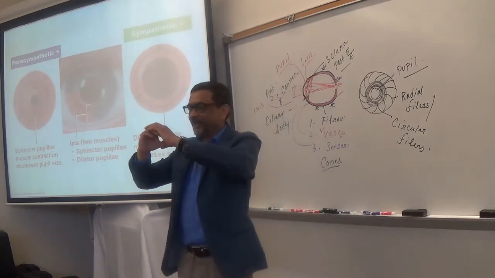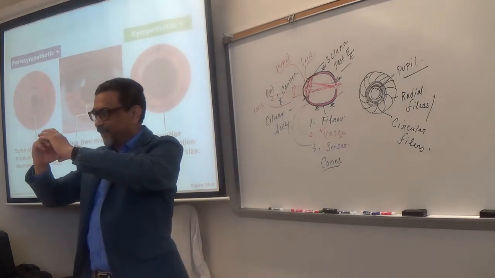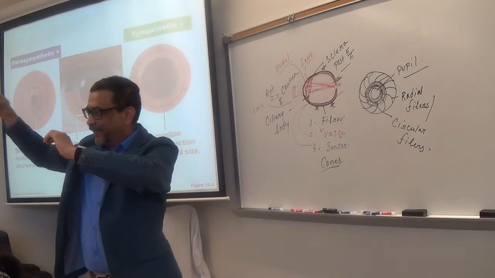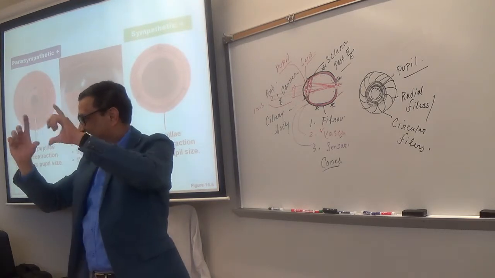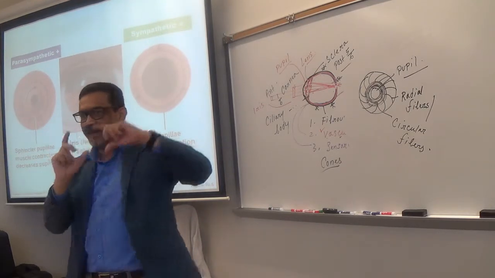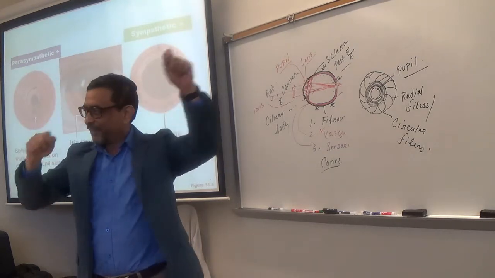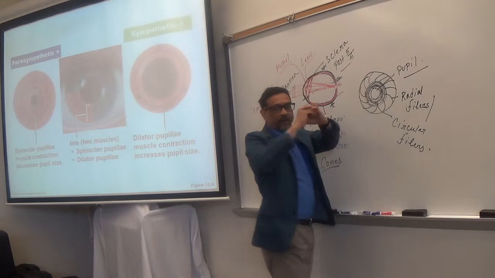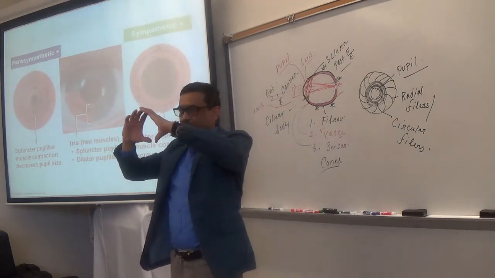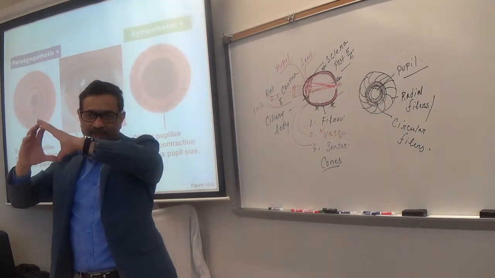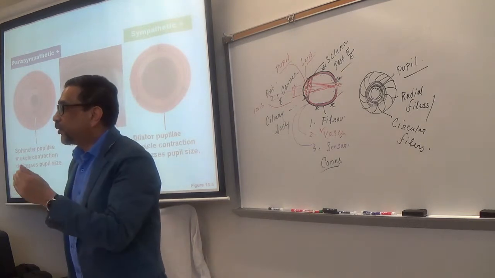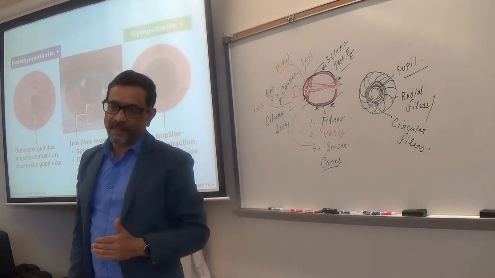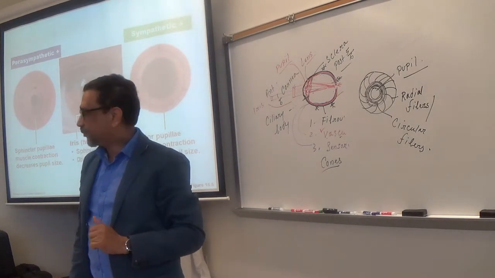So now you think, this is the circular, relaxed, and you are pulling from all different directions by contraction of the radial muscle fibers. Makes sense? Like you are pulling from different directions. So that will cause what? Dilation. So that's how the constriction and dilatation of the pupil occurs.